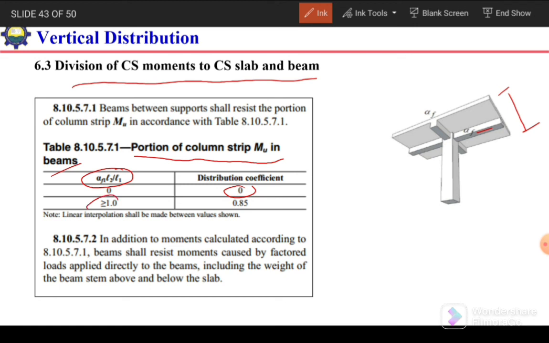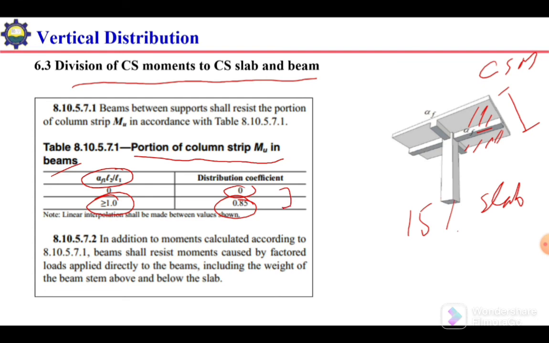And if the stiffness ratio is greater than 1, then 85% of this total column strip moment will be resisted by the beam, and the remaining 15% will be resisted by the slab, this portion. 15% by slab and 85% by beam if the stiffness ratio is more than 1. And for in-between stiffness ratios, we can interpolate between these two values. So this is vertical distribution.